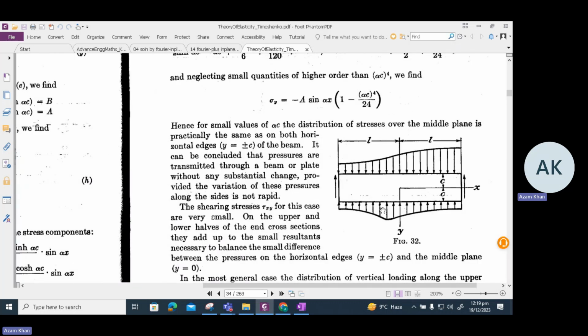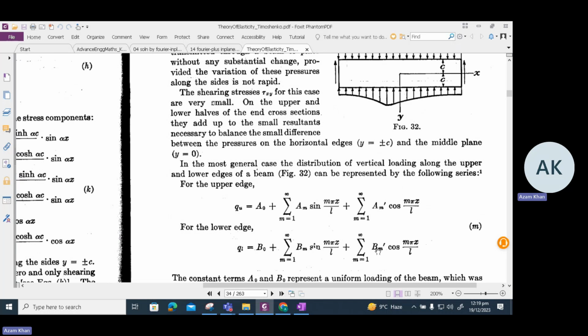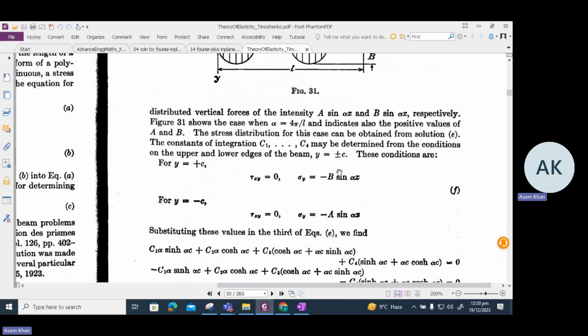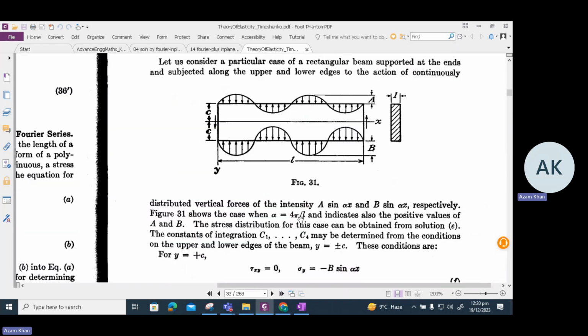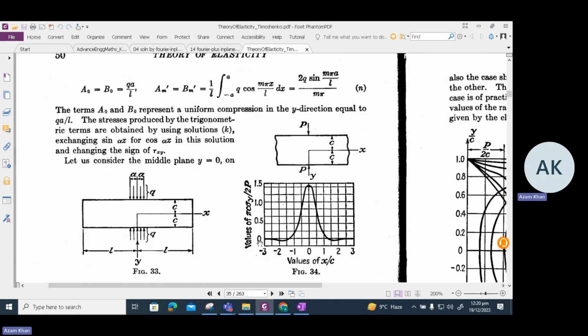In this case, we have to convert the top and bottom loads into Fourier series. Once these are converted into Fourier series, then we can get our boundary conditions in a manner similar to the sine wave problem. We can also find our stresses if we have a point load.